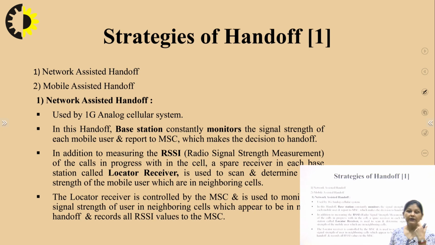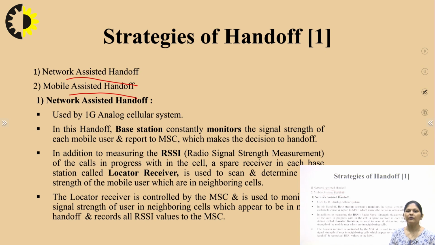Now, what are the different strategies that are used for handoff? Means how the handoff will occur, which strategies will be followed for making this handoff. The handoff can be network assisted or mobile assisted. As we know, in handoff the power of the signal is checked.